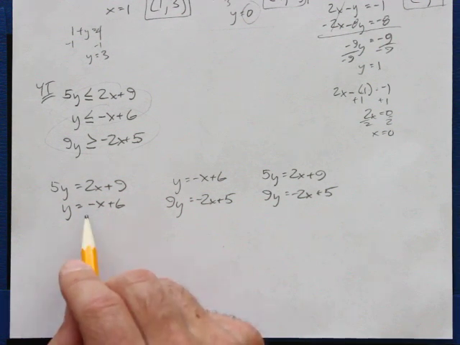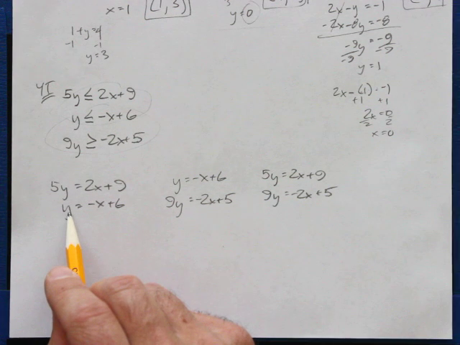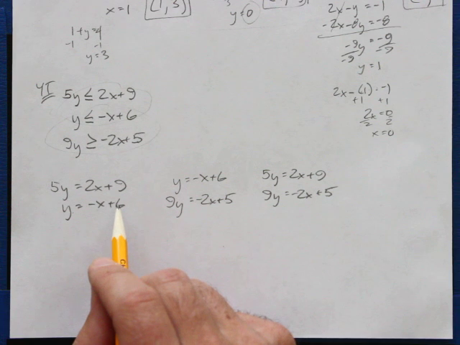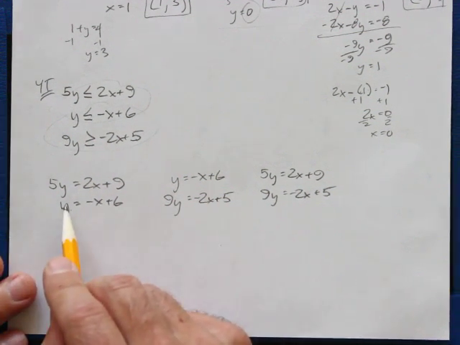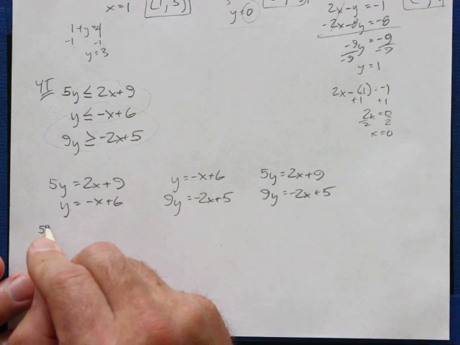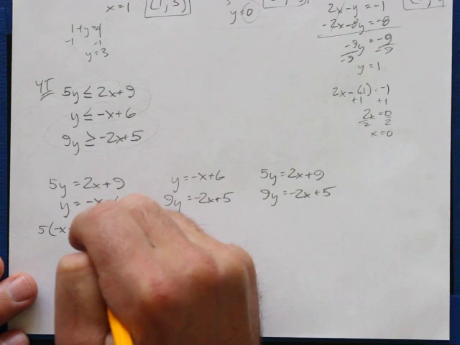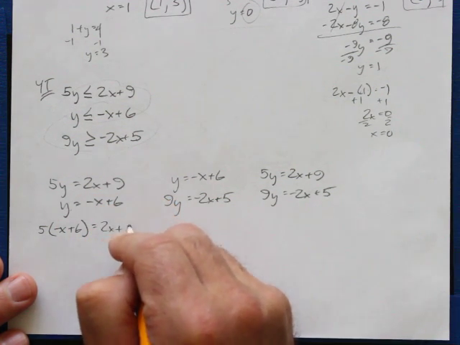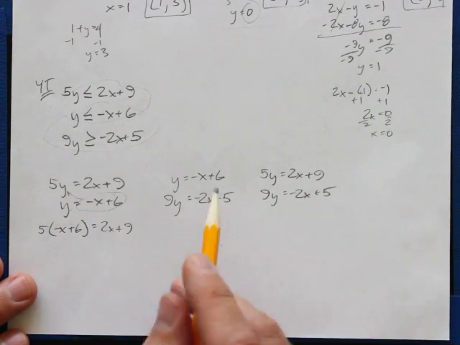For this one, now I can use substitution because I have y equals already. So we haven't done any substitution for a while, so I'm going to just use substitution. Y equals this. So I'm going to say 5 times negative x plus 6 equals 2x plus 9. So I've taken this and I've plugged it in there for y.